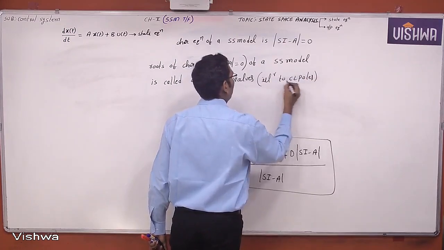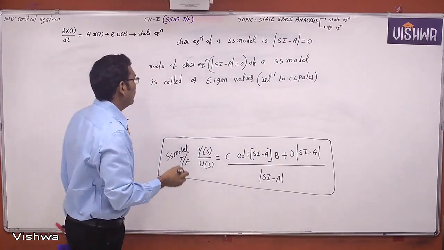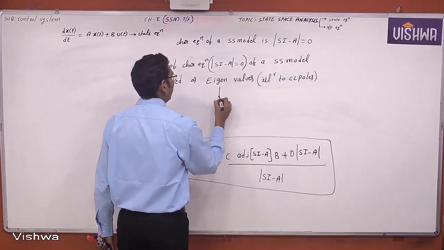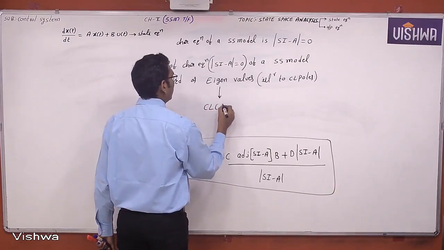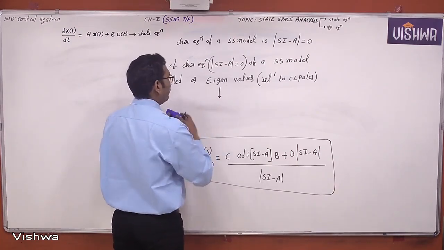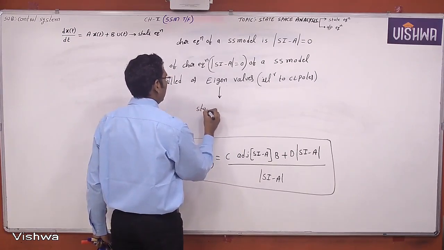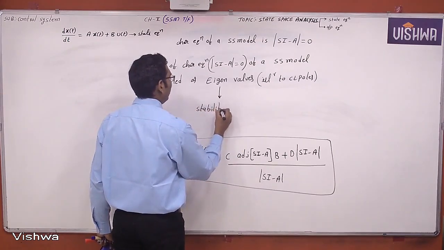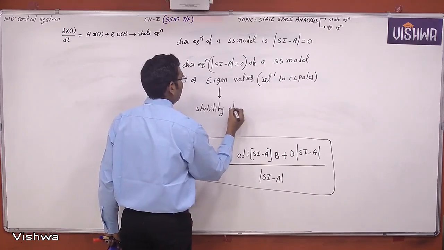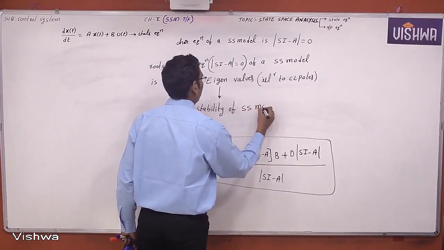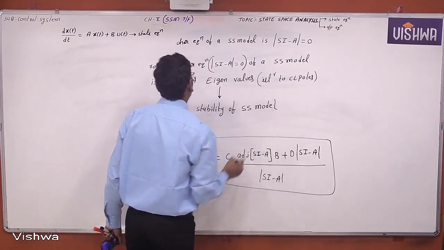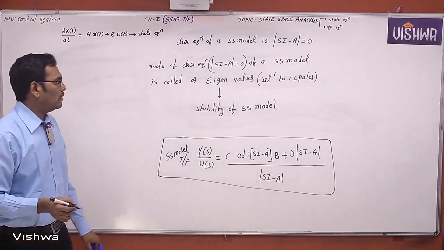Therefore from these eigenvalues we can find the stability of the state space model.